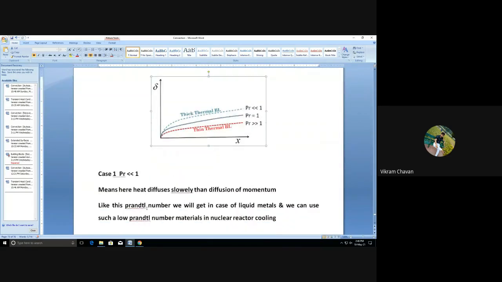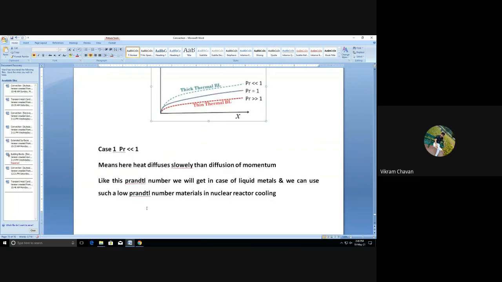Okay, so consider case number one. Prandtl number is lesser than 1.